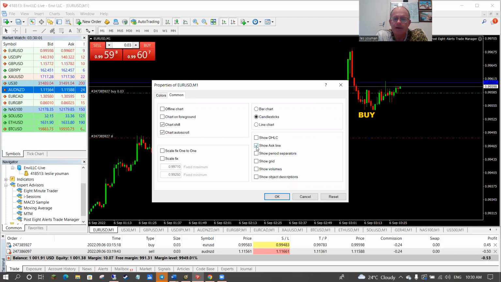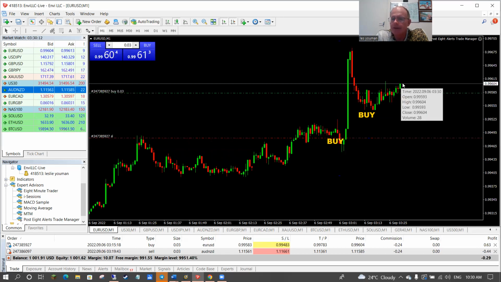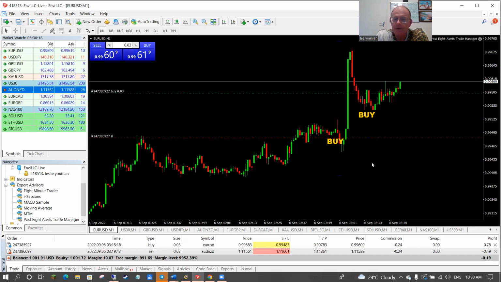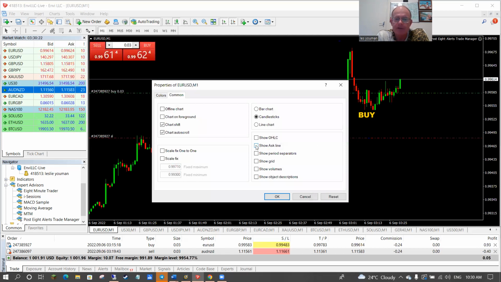If I uncheck that, now that blue line's not there. So if I was to place a buy order now, I might mistakenly think that it would be placed there, but depending on the spread, it could be much higher. So I think it definitely makes sense to have the show ask line checked.